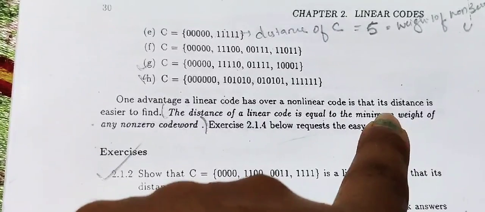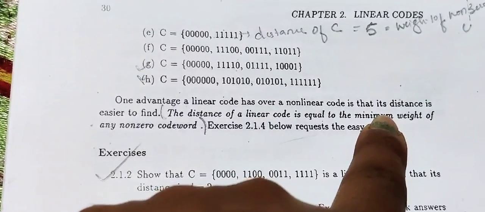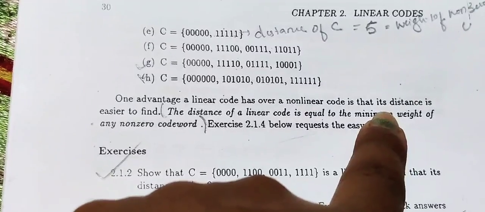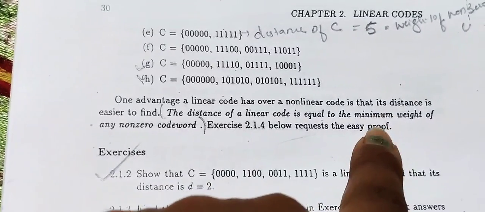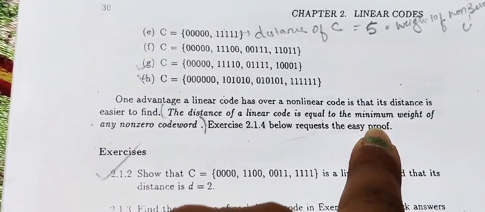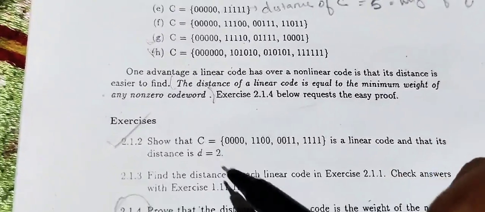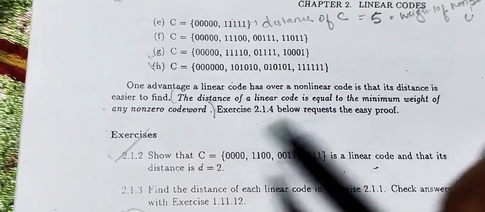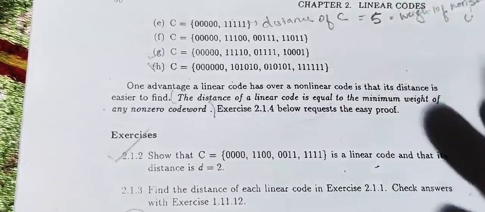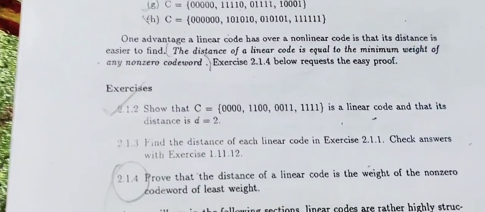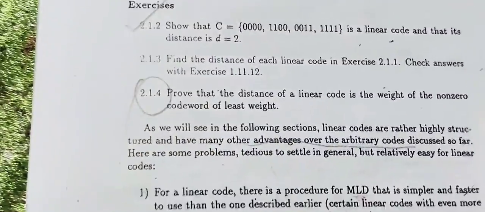Let V be the non-zero word with least weight. Both of them are equal. So exercise ആണ്. Show that C is a linear code and that its distance is d. So find this question, and 2.1.4 I give the proof.